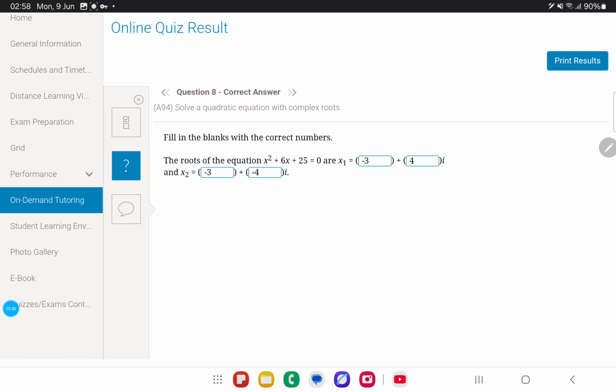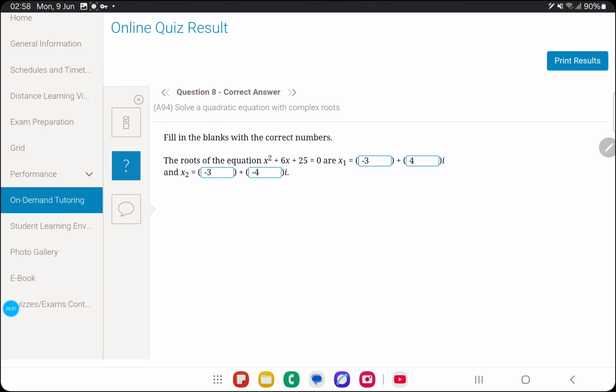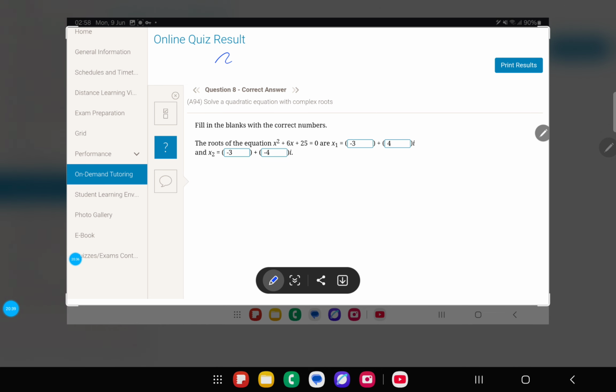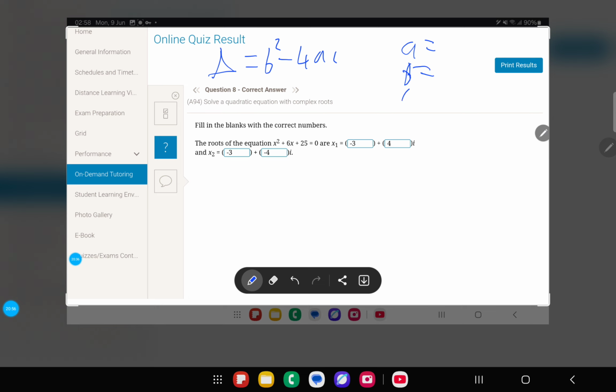Now, you want to find the roots of the equation x squared plus 6x plus 25 equals 0. Here we use the same rule as the first question. Delta equals b squared minus 4ac. A is equal to 1, b is equal to 6, and c is equal to 25.